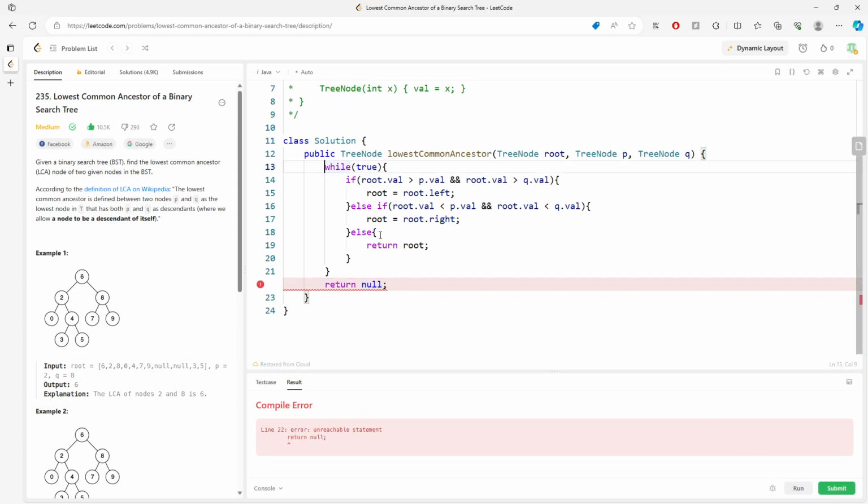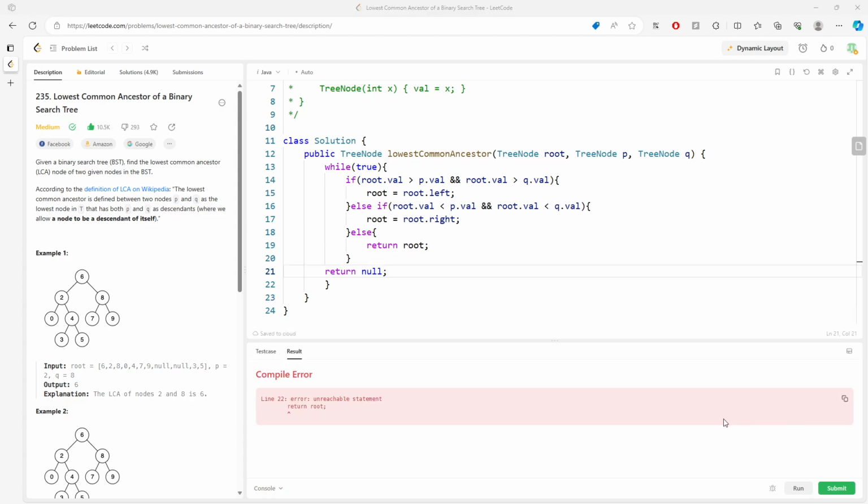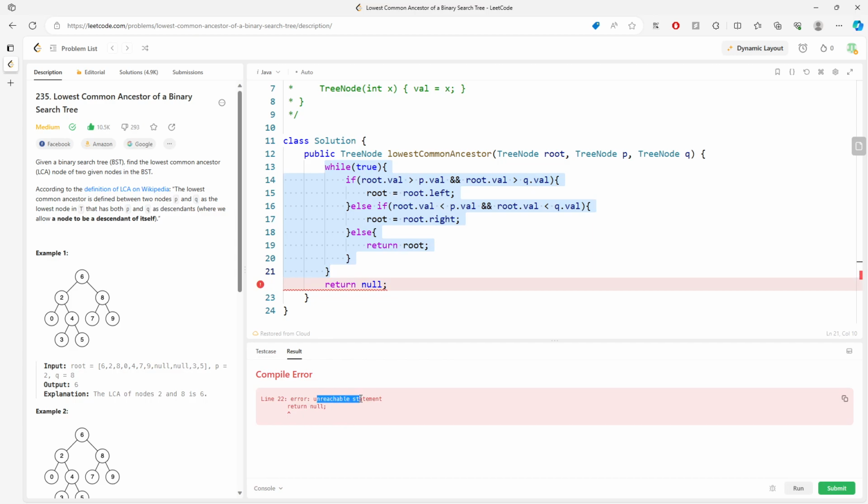Did I make something wrong? Okay, so I just found out that even though you place the return over here, the pattern is still correct, but this is an unreachable statement because it's while true and I don't have a break.